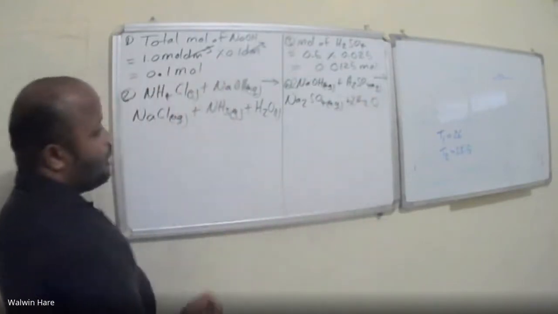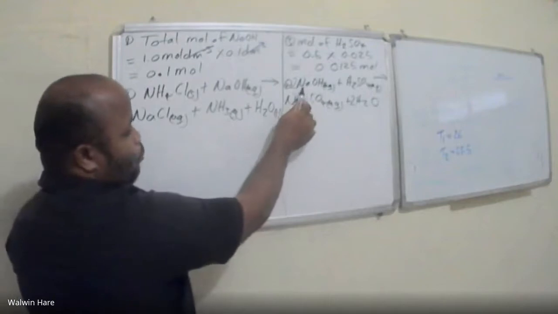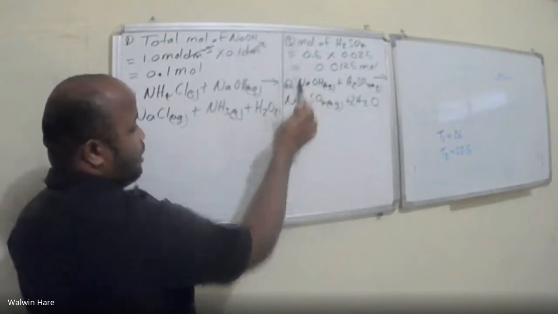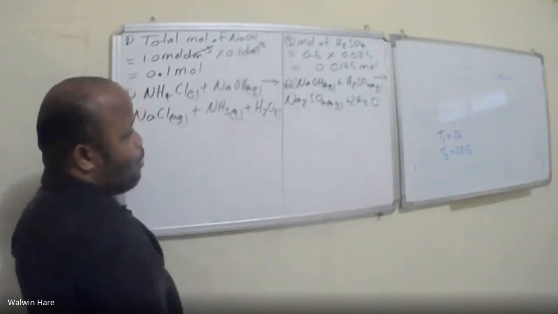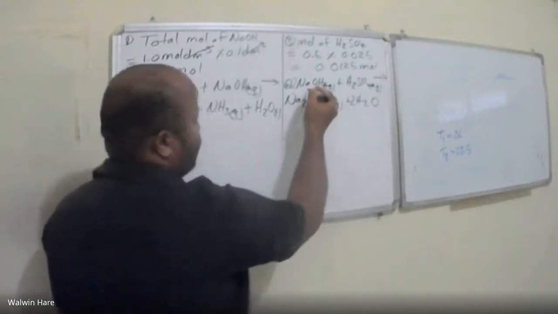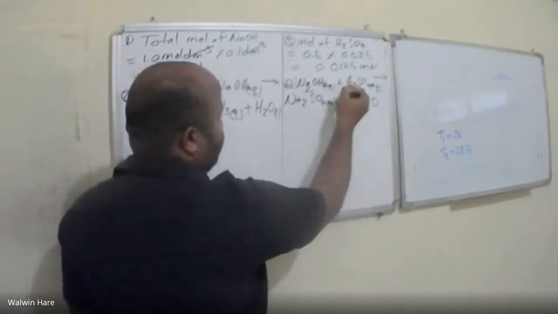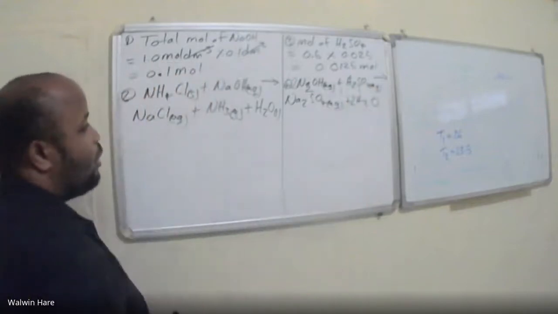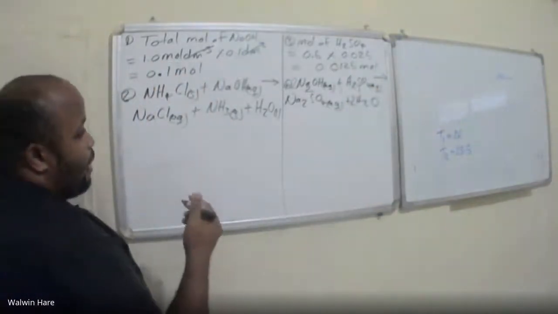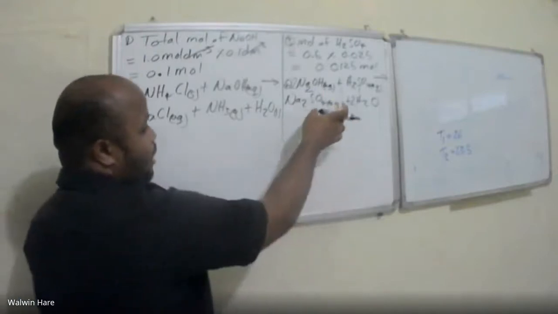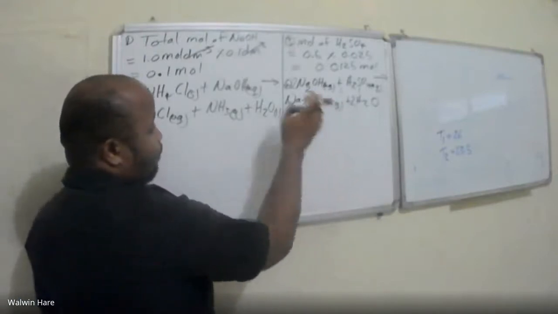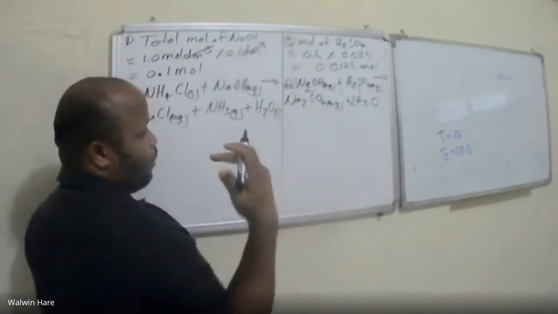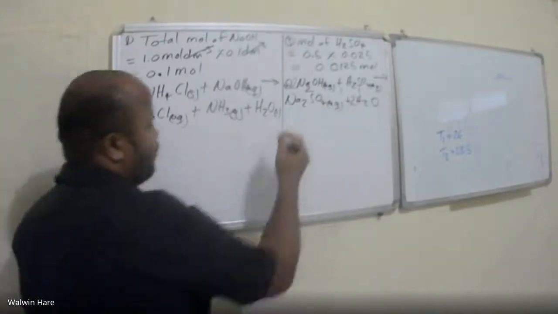So based on this, two moles of sodium hydroxide react with 1 mole of sulfuric acid. So the mole ratio is 2 to 1 between sodium hydroxide and sulfuric acid. And remember, this is the unreacted moles of sodium hydroxide we're trying to find.